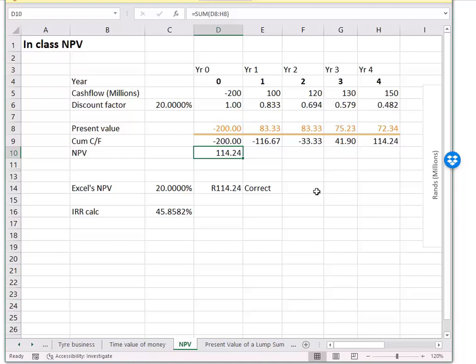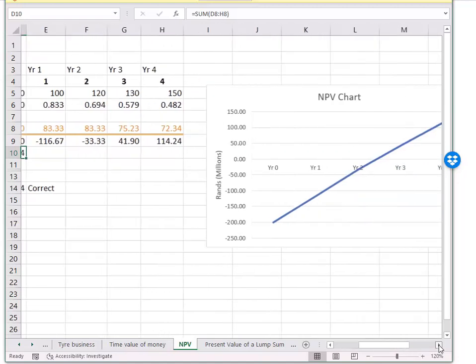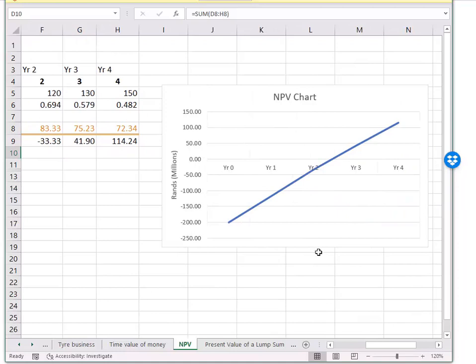value will be positive. So the way we can demonstrate this is here on the right. It's a simple graph which has the years going horizontally and here the cash flows going vertically. And in the year 0, you can see this goes down to, excuse me, minus 200 to show the first outflow, and then the sum of the individual cash flows as time passes, and eventually we get here to the end, and the value on the last point there is 114.24.